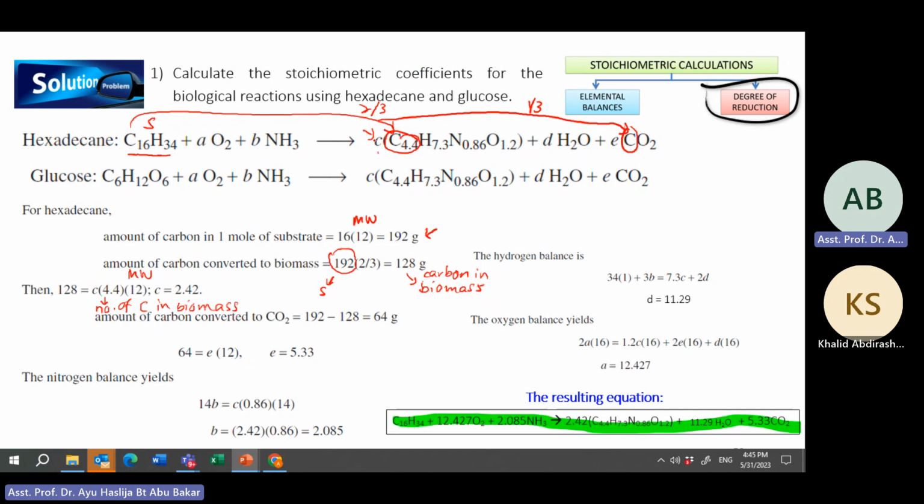Okay, C is the mole over here. Now from here, there is one unknown, which is the C. So you can calculate to find out what C is. Okay, so you do the calculation and C is 2.42. All this is to find the unknowns, the A, B, C, D, and E.